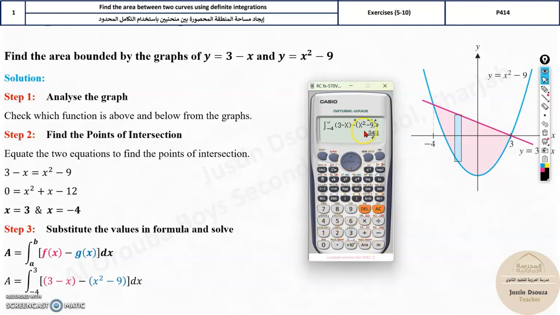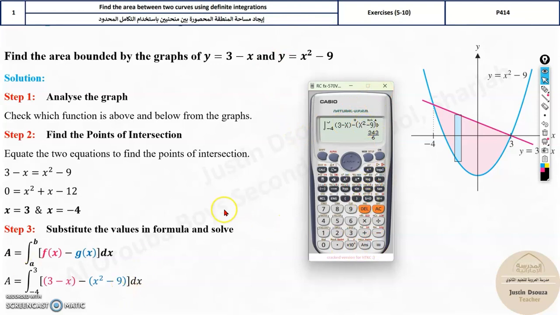And that is the answer: 343 by 6 or 57.1666. Now over here, you can use extra brackets, but once you open a bracket, be careful to close it. Be extra cautious with the brackets, because if you miss a simple thing in the bracket, your answer will be wrong and you will not know it. So this is very important. So this is the answer.